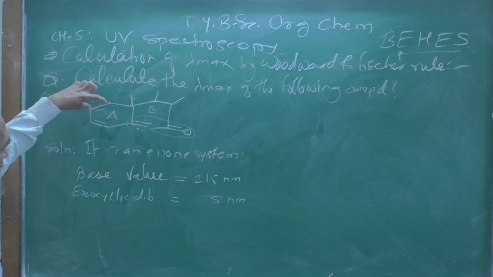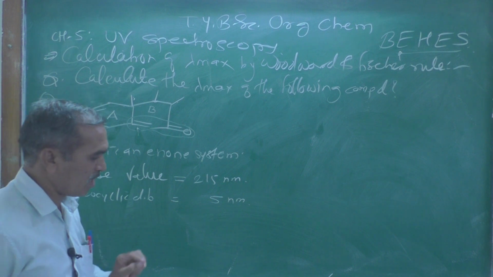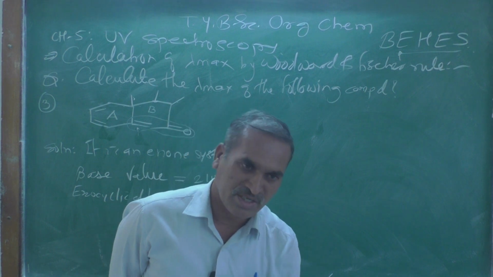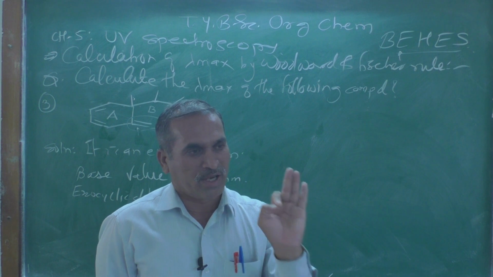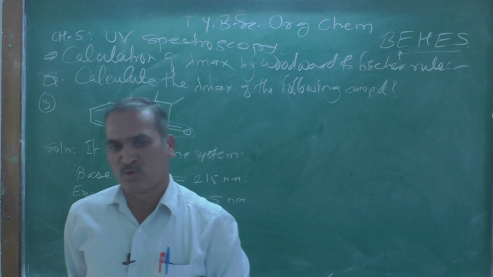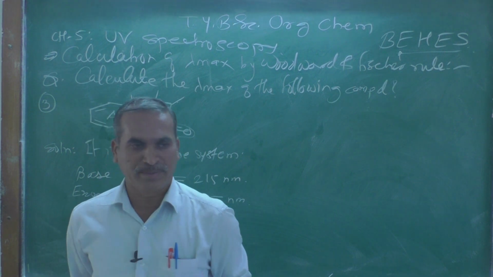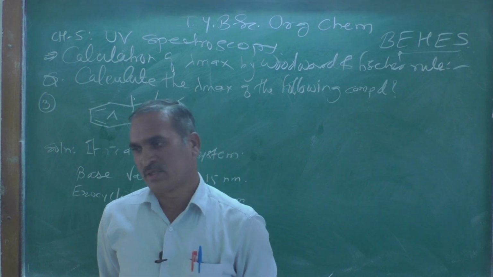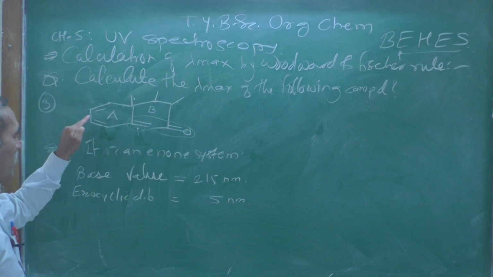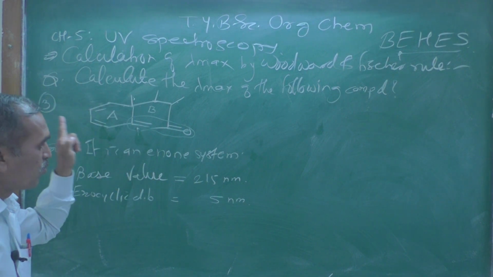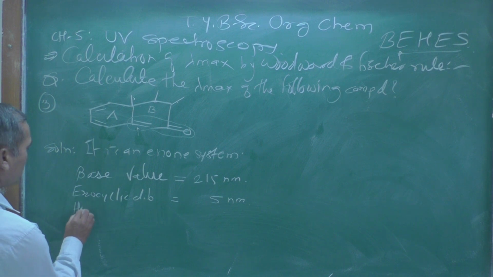Look here, carbon-carbon double bond, single bond and double bond, both carbon-carbon double bonds are present in the same ring. According to this definition it fulfils the requirement, and therefore there will be one homoannular system, and you can write homoannular system.